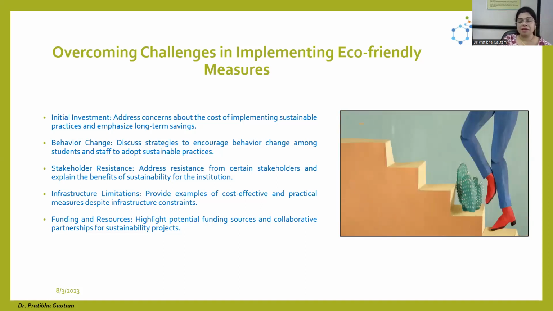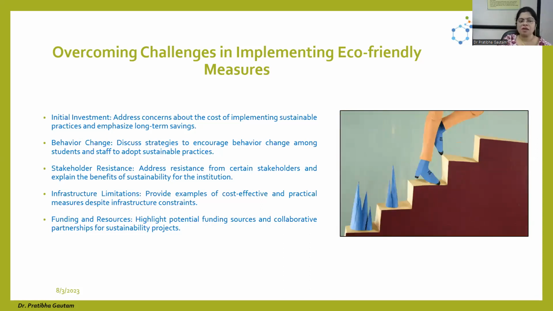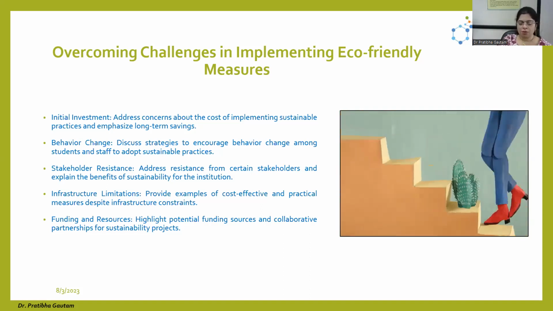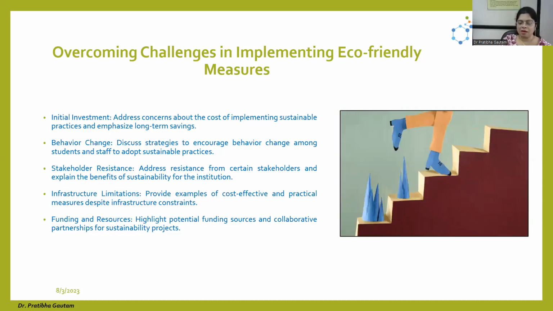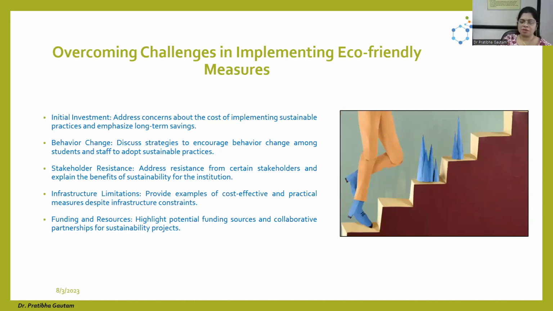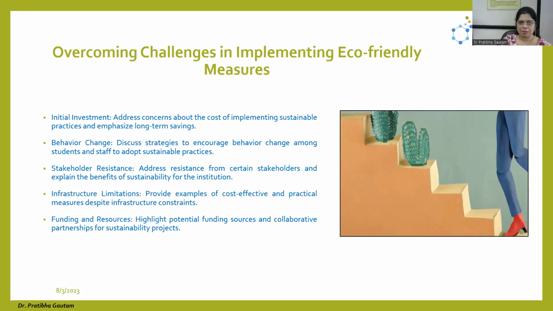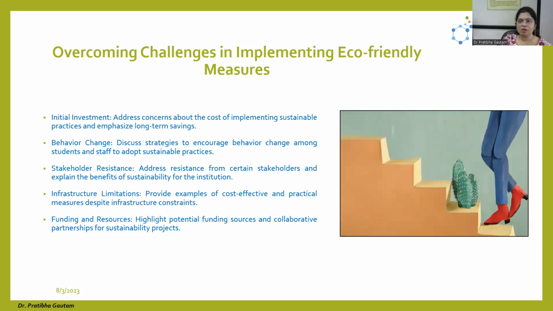There are many industries who are there to support environmental initiatives. So funding and resources, yes, it is a challenge, but you, your team and your management can sit together and make a phase-wise plan. Altogether we do not have this much budget, maybe in the first year we will do this much, in the second year this much, and this is how it can be done. But definitely first there has to be initiative. There has to be intention to do.